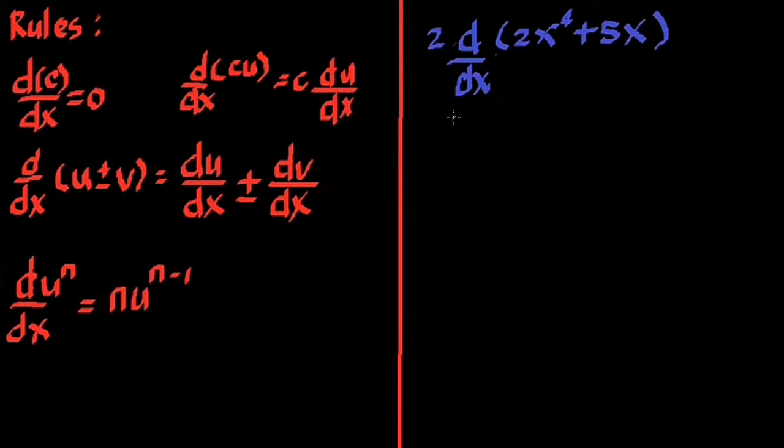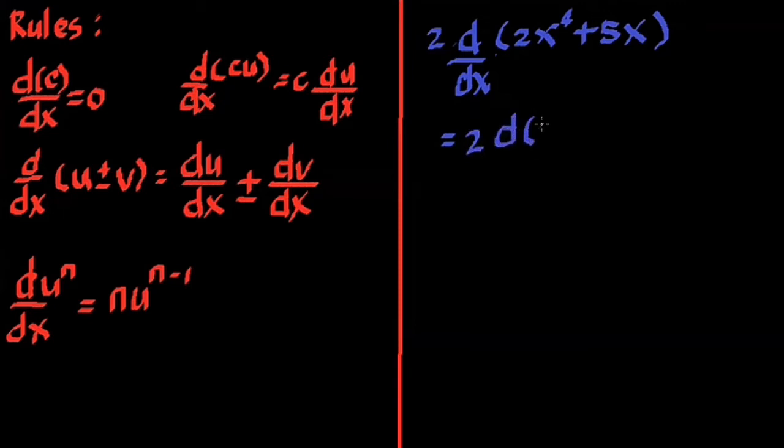Now, let's have our second example, which is the derivative of 2x exponent 4 plus 5x. So again, the derivative of a polynomial could be rewritten as the derivative of each term. So we could also write our constant in front of our derivative operator.